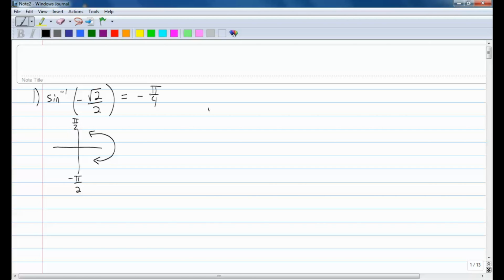Alright, the second problem, the inverse cosine of negative square root of 2 over 2. So recall where inverse cosine is defined. It's defined between 0 and pi.